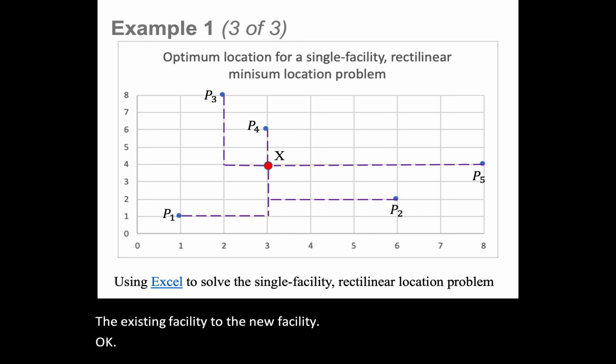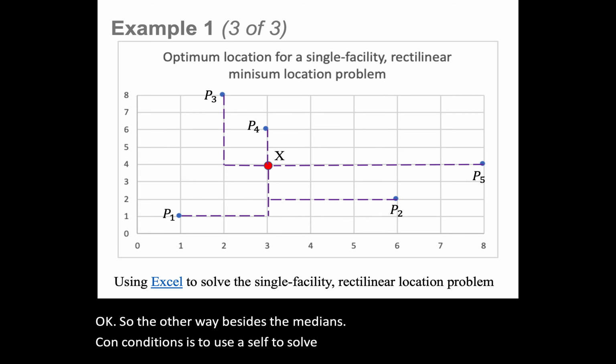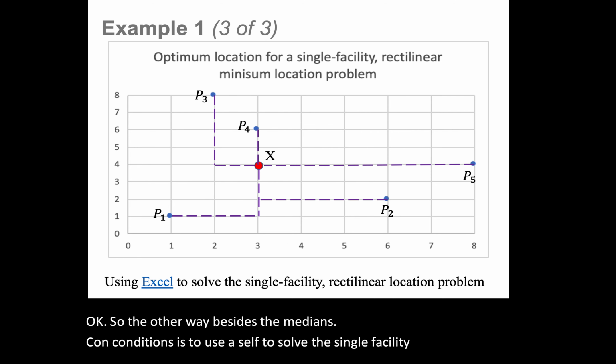Okay, so the other way besides the median conditions is to use Excel to solve the single facility rectilinear location problem.